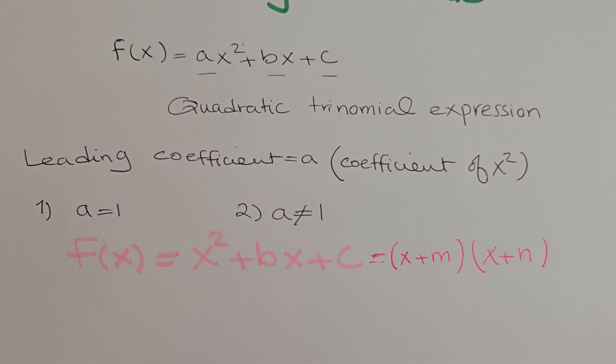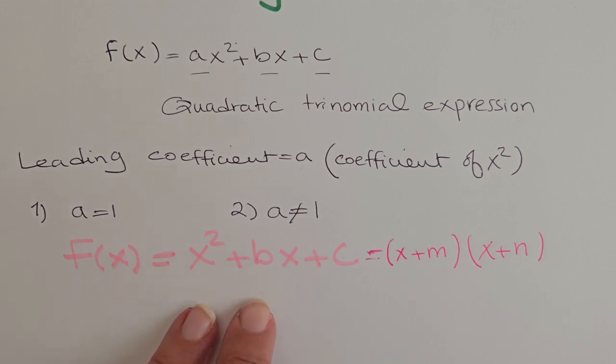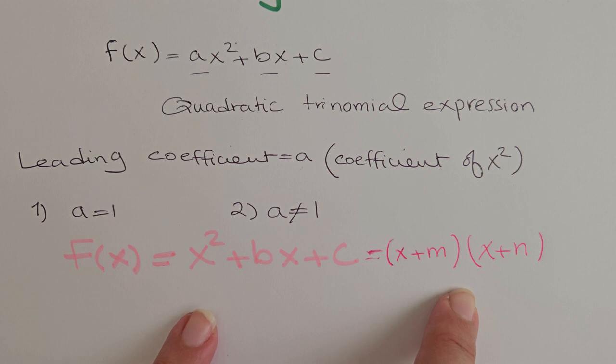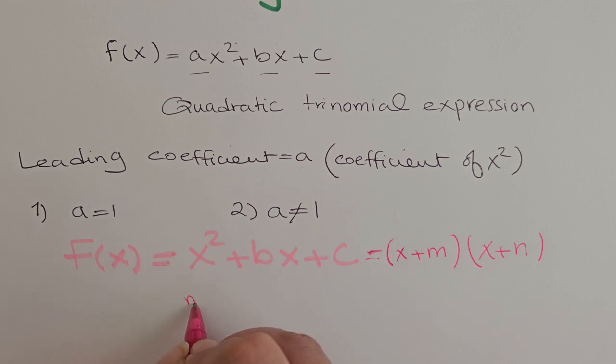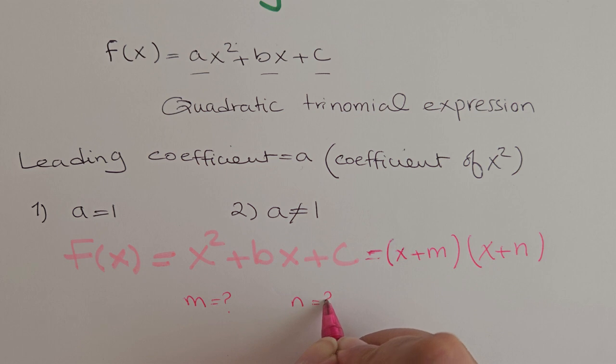Because the x is the repeating factor, here we have to find m and n. These are the two parameters which we have to find.